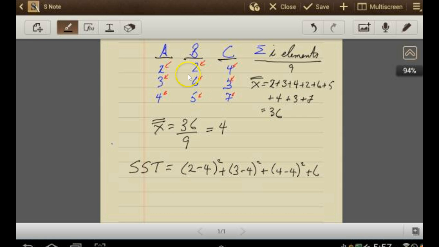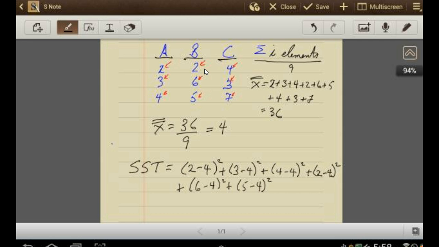Now we go to the next column. Here we have 2 take 4 squared, plus 6 take 4 squared, plus 5 take 4 squared.